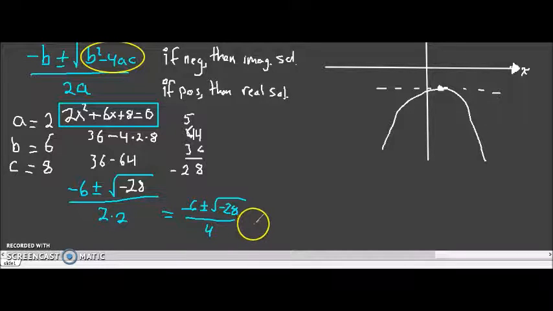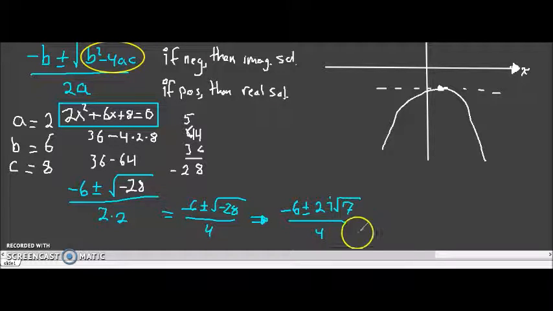So obviously this doesn't have a real solution because this is negative right here, which makes the solution equal to negative 6 plus or minus 2i, so we factor out a 4, and then the square root of 7 because it's still under there, divided by 4.